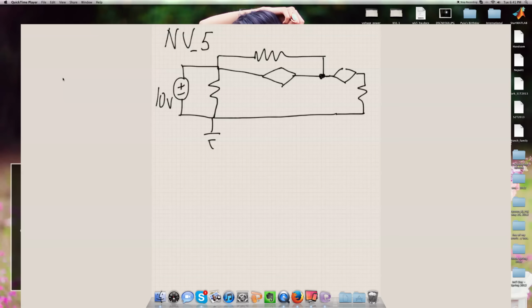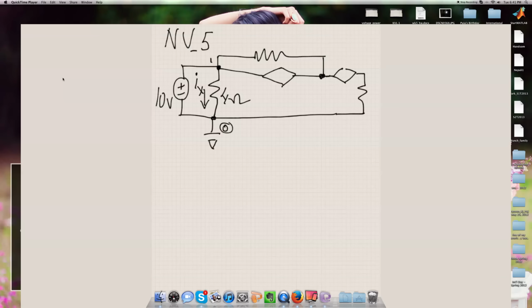So this is our ground. Here's a ground terminal, and we have a current called I sub x flowing through this leg, which has a resistance of 4 ohm.